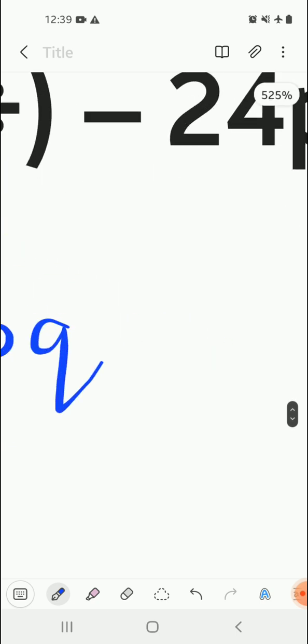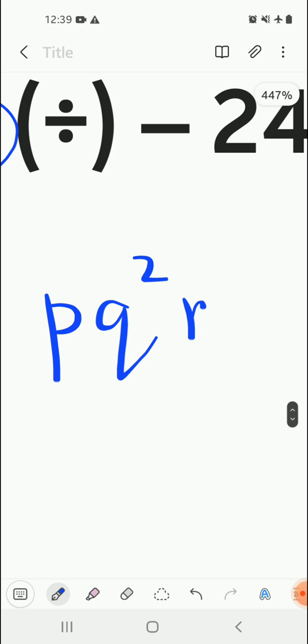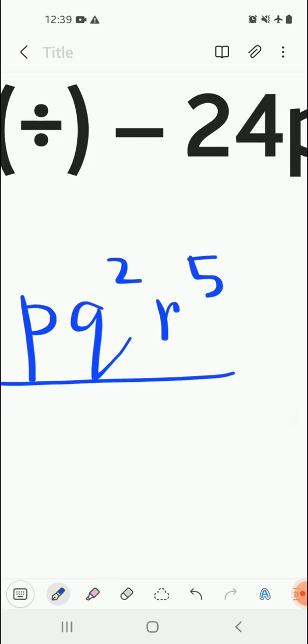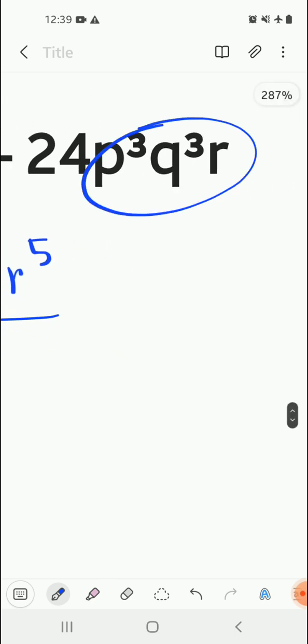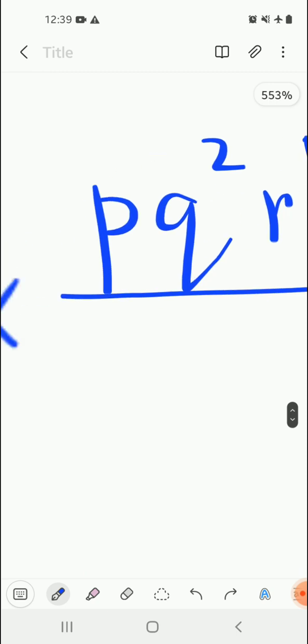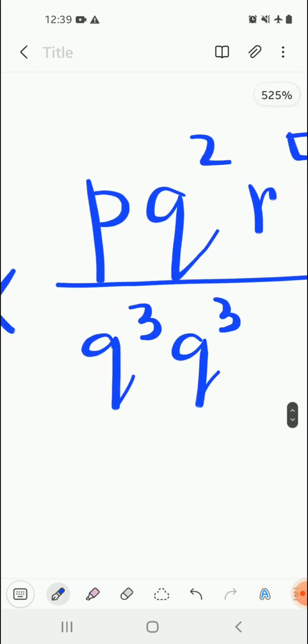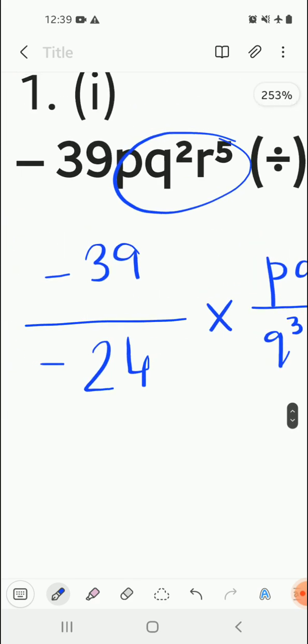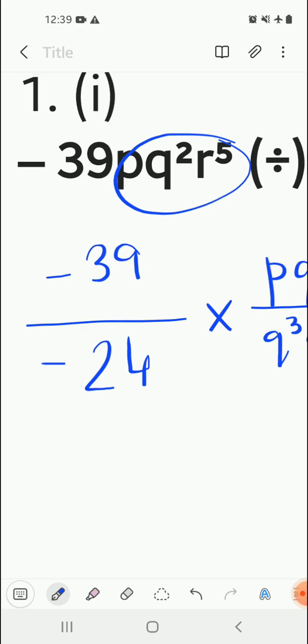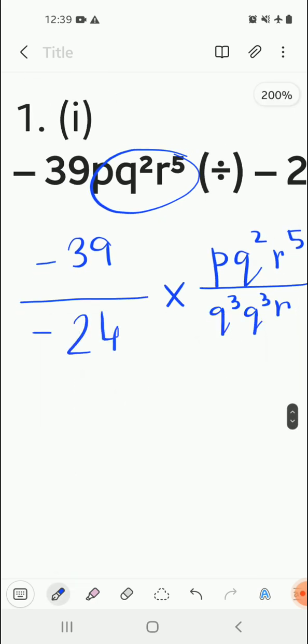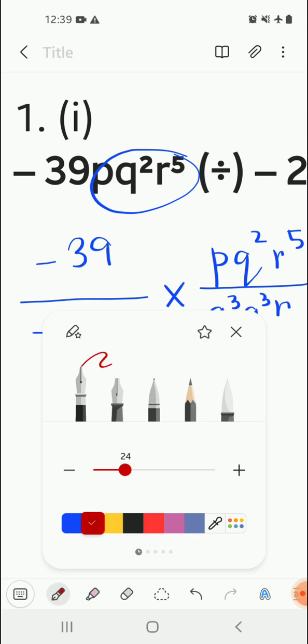That is, we are going to write pq square r to the power 5 by, again we have got p cube q cube r. So basically we separate the literal coefficients and the numerical coefficient, and now we are going to try cancelling things out. So first, you can see 39 and 24.